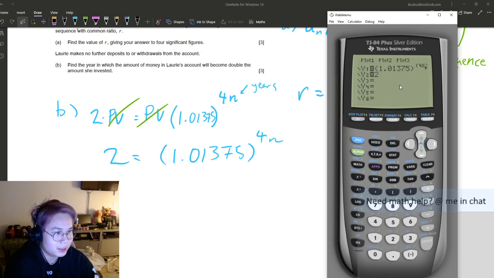So I'm going to compare the graph of 2 with the graph of this. And I'm going to also change my window because I don't need to worry about negative values of x, nor do I need to worry about negative values of y. Because y is the interest rate, it's not negative. X is the amount of years, that's not negative. So graph.